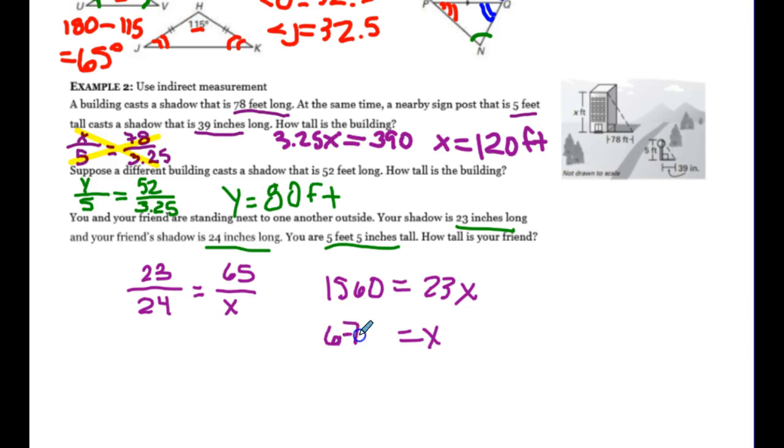So 67.8 inches. So your friend is 67.8 inches tall. And if you want to see that in feet, they're a little bit more than 5.5 feet. So they are 5 feet, I'd say 5 feet 8 inches. If we rounded this up to 68, it would be 5 feet 8 inches.